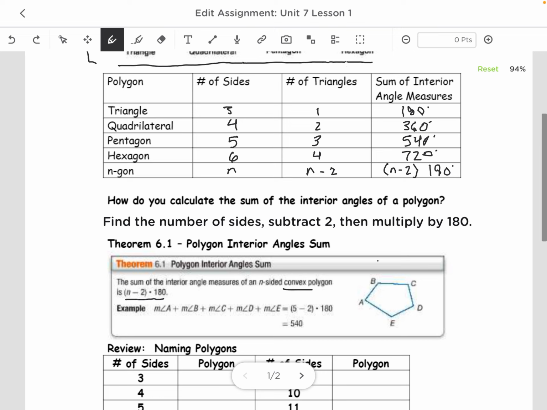Convex is something like this shape. That's in contrast to something called concave. Which would be like this. That's a concave shape. So it's kind of like pushed in a little bit.